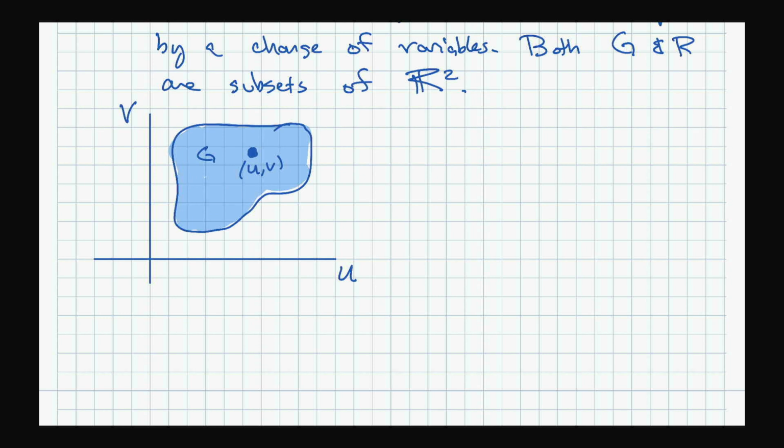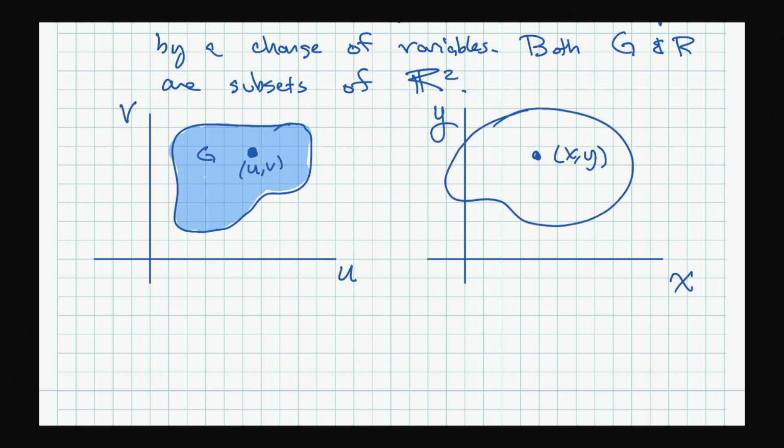So the idea is that there's another region in another plane. This one's going to be the xy plane, and there's going to be a point (x, y) here. And then this shape is just going to be a different shape. It just doesn't look the same, right?